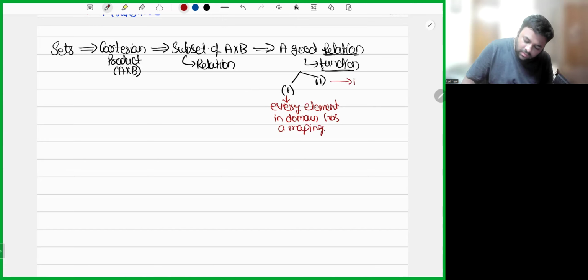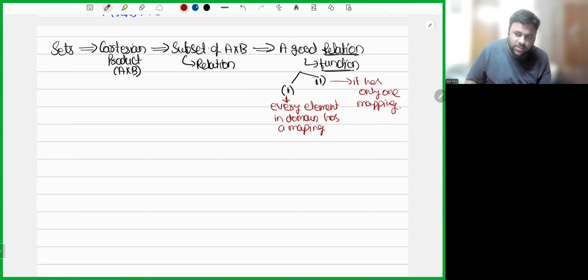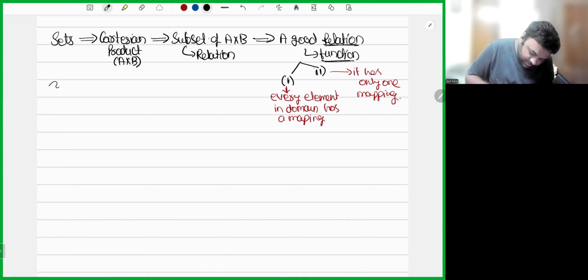Condition 2: it has only one mapping. Let us understand this, my dear friends. Say, for example, I have set A equals 1, 2, 3, 4, 5, and set B equals A, B, C, D, E.